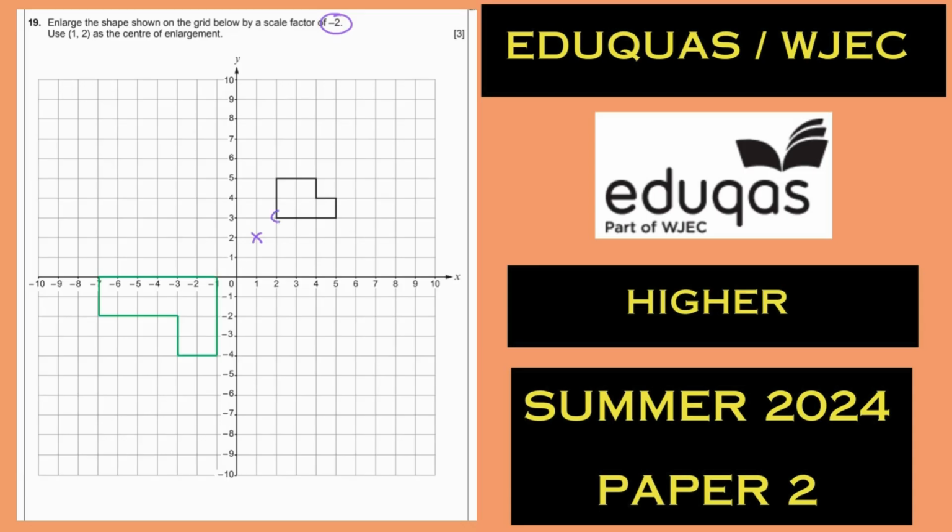So I pick this vertex, right 1, up 1, becomes left 2, down 2. And that's it. Pick another one from the centre, right 4, up 1, becomes left 8, down 2. And treat it as if it's a posh dot to dot.